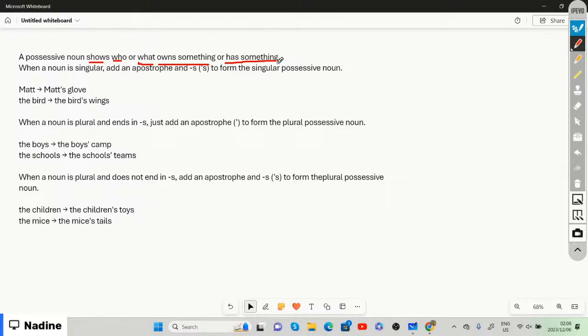So if something belongs to you, then it is mine. But now we're not going to say mine, his, hers. No. This is now where we add an apostrophe to show possession.